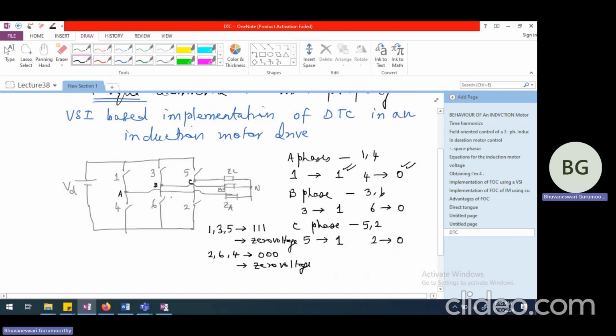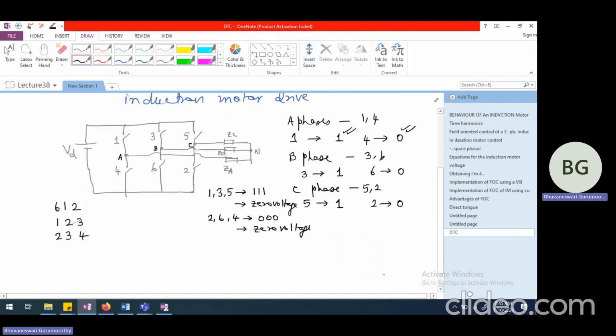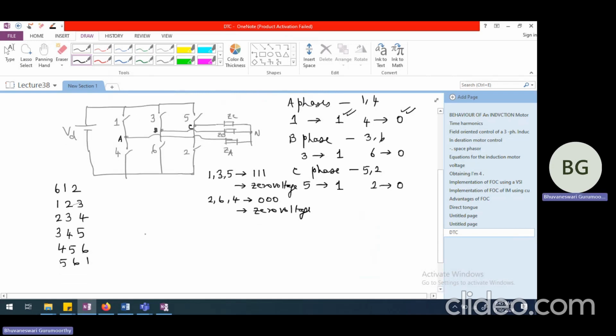Whereas if I look at the rest of the positions, it can be 6, 1, 2; 1, 2, 3; 2, 3, 4. I'm looking at 3 switches conducting at a time, something like the 180-degree switching mode we talked about in VSI. Then 3, 4, 5; 4, 5, 6; 5, 6, 1; and of course 6, 1, 2.